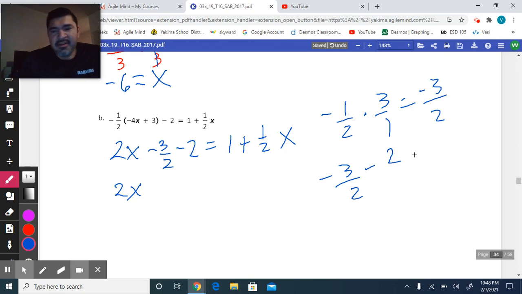Now, when subtracting, you have to have an LCD. So instead of 2 or 2 over 1, I'm going to change this to 4 over 2. So I have an LCD. So I'm going to go ahead and write it that way.